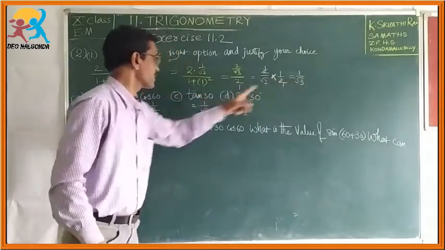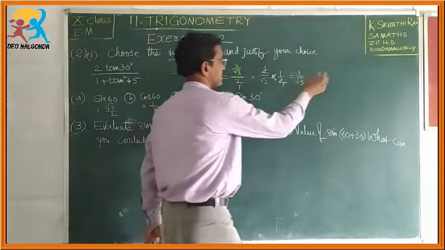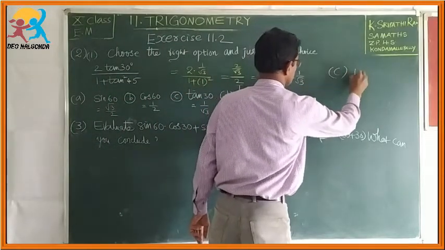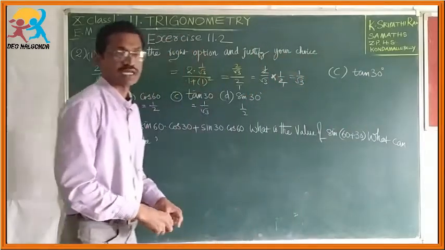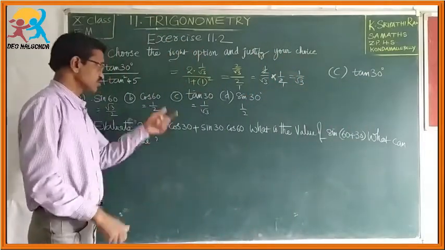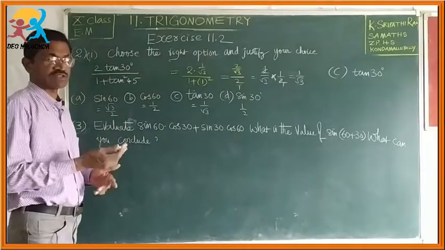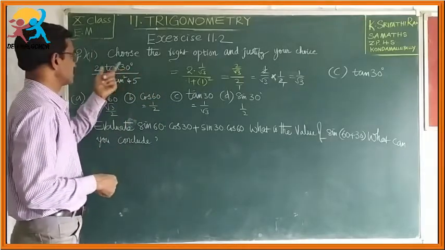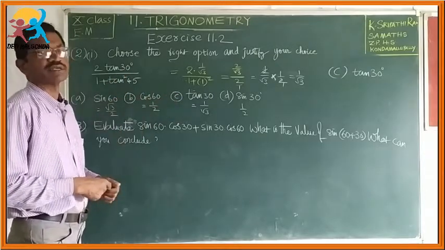Here 1 by root 3, where is 1 by root 3? Here. So C is the answer, right? The correct answer is C, that is equal to tan 30. In this way we have to select the correct answer. There are two more problems like this in this second bit. Try the two problems yourself by substituting the correct values of the trigonometric ratios.